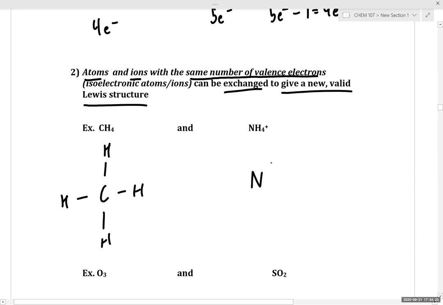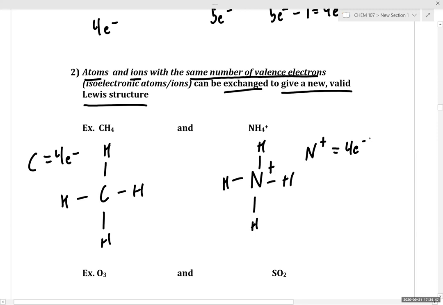Now, if we think about ammonium, which is NH4+, we notice that these two structures bear striking similarity to each other. That's because we've essentially drawn a structure with the same number of valence electrons. Carbon has 4 electrons, nitrogen plus has 4 electrons as well.